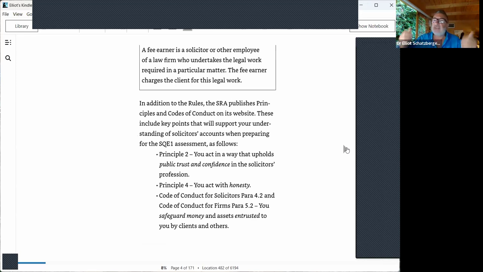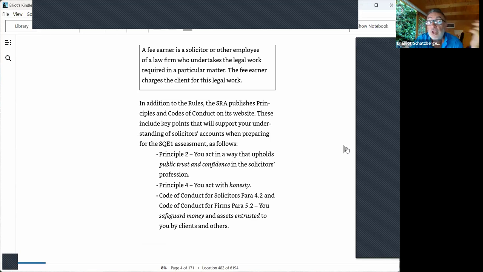So what are some of these major points of the Solicitors Accounts Rules? And this is where, for example, the multiple choice questions start to kick in, because there are principles set down in these SRA codes of conduct.